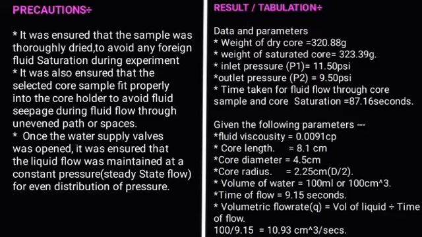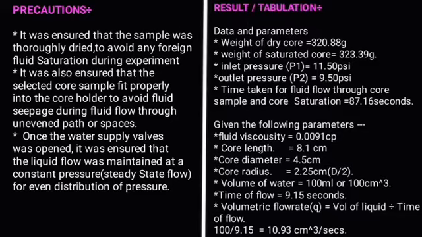The inlet pressure is 11.50 psi. The outlet pressure, which is P2, is 9.50 psi. The time taken for fluid flow through the core sample and core saturation is 87.16 seconds.